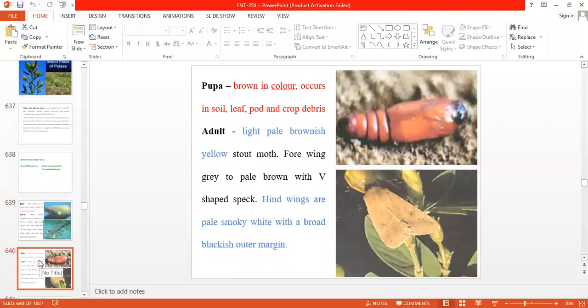Pupa is mostly brownish in color, occurs mostly in soil, in leaves, pods, and also in crop debris.